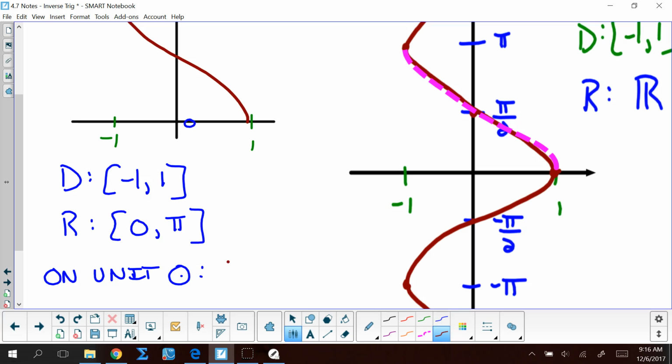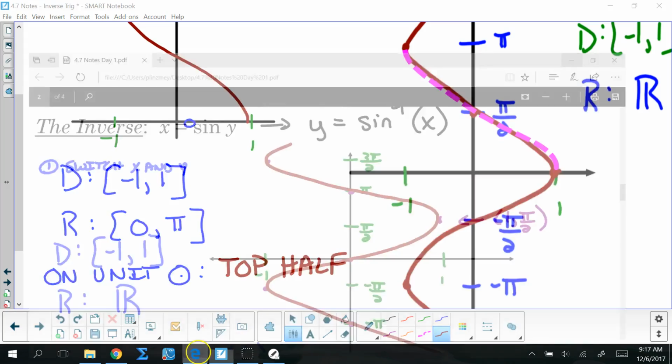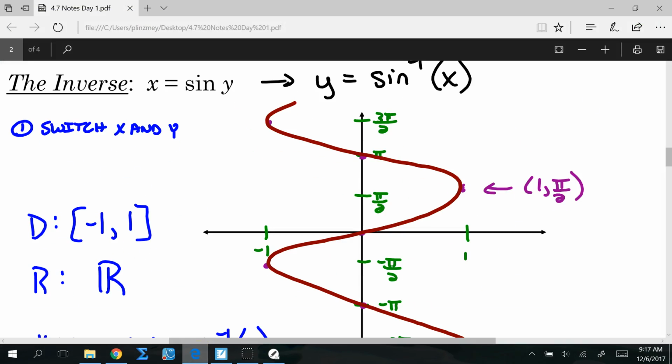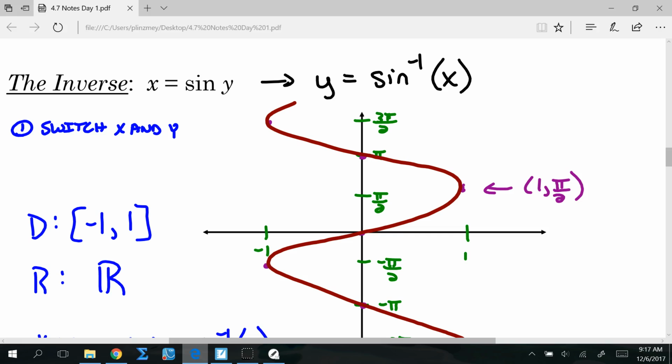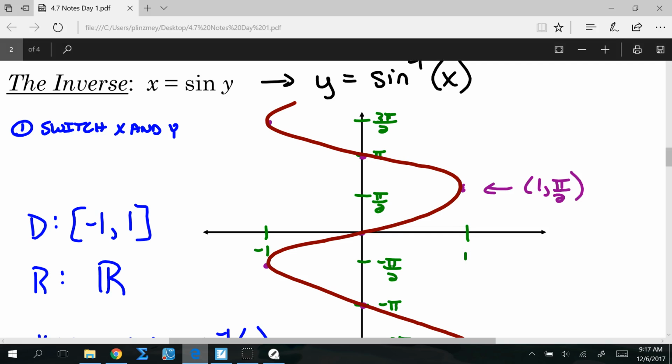Can you explain why you're on the right this time? How do you know on the right? Because we needed that function to hit every value from negative 1 to positive 1, right?